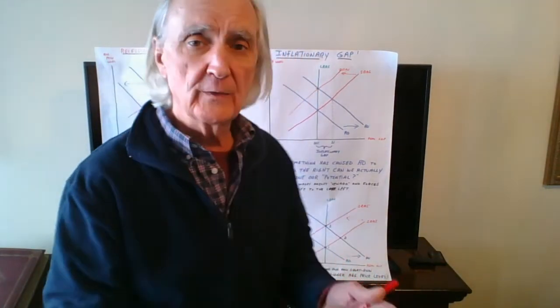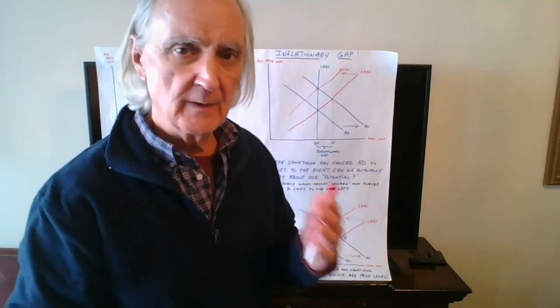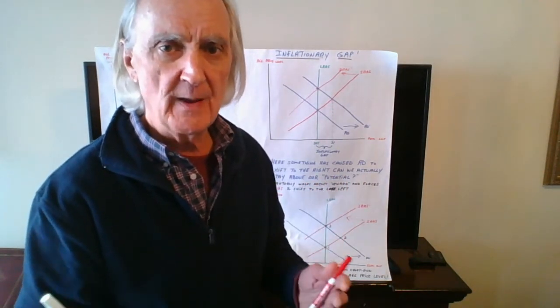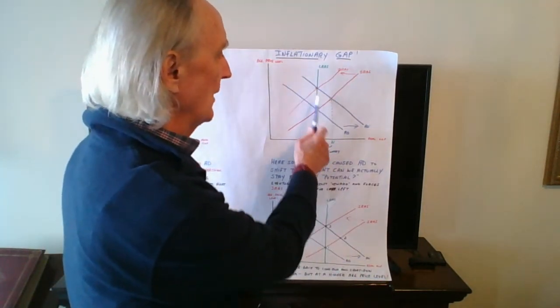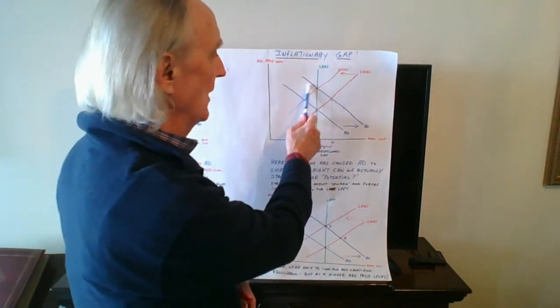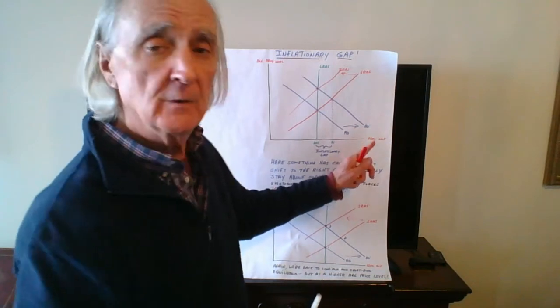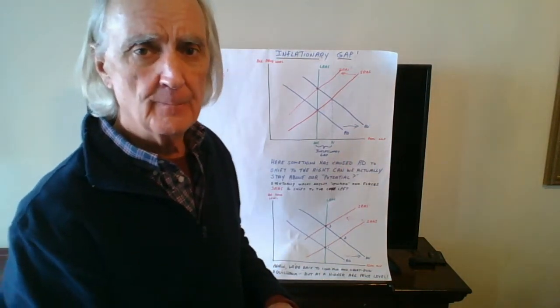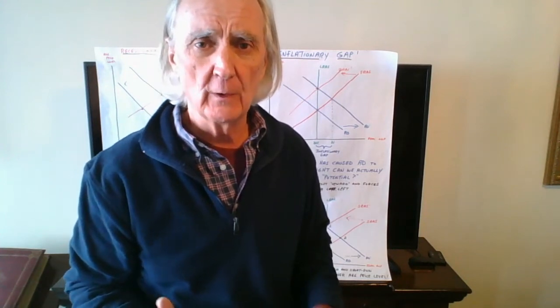So something caused aggregate demand to shift to the right. That was our starting point. We started at the same point as the recessionary gap, but something caused aggregate demand to shift to the right. That's why we're all working these 12 and 14-hour shifts.